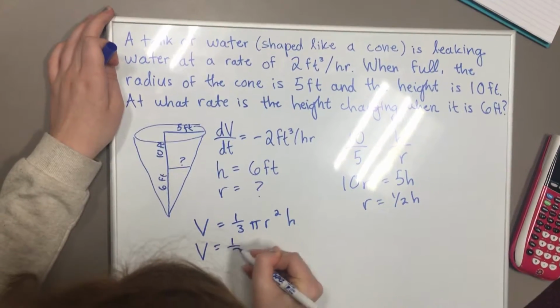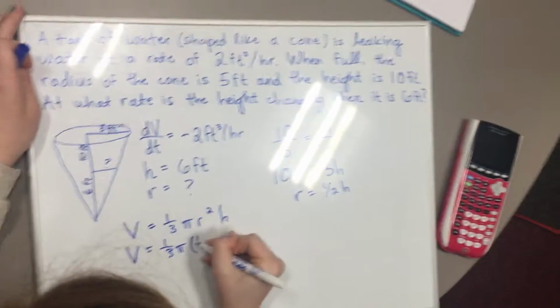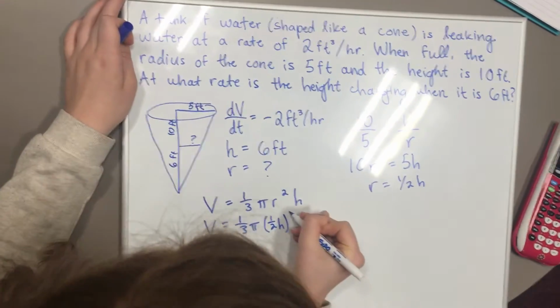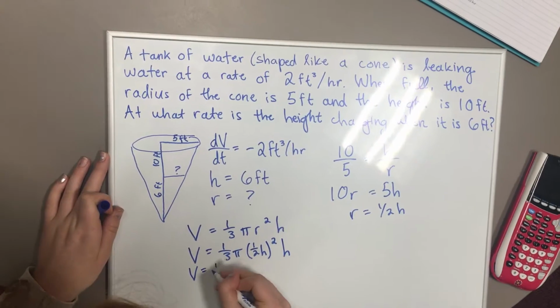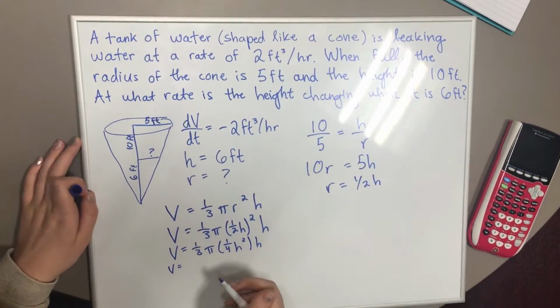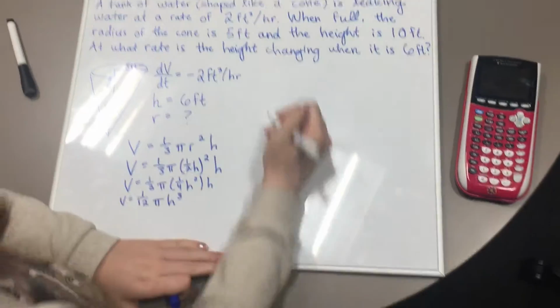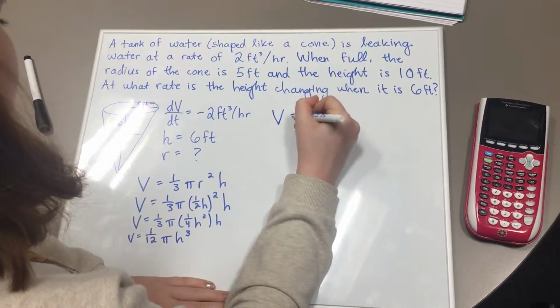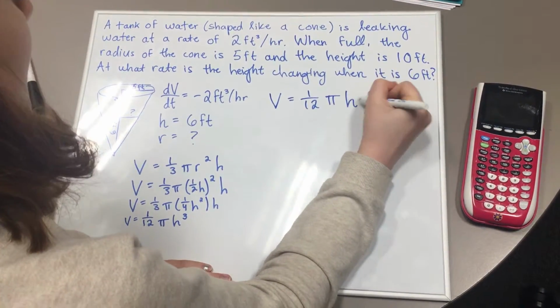So we're going to replace it with what we found over here, 1/2 h. And now we're just going to simplify this. So remember, our fully simplified equation for V is 1/12 pi times h cubed.